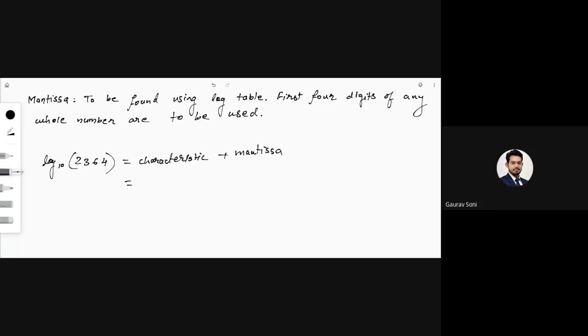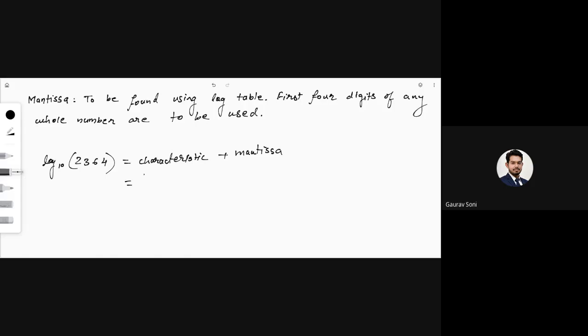Because it is a positive number, and whenever it is, we count the digits before the decimal point. There are 4 digits: 2, 3, 6, 4. So what will be the characteristic there? 3, sir. 3, 1 less than the number of digits.